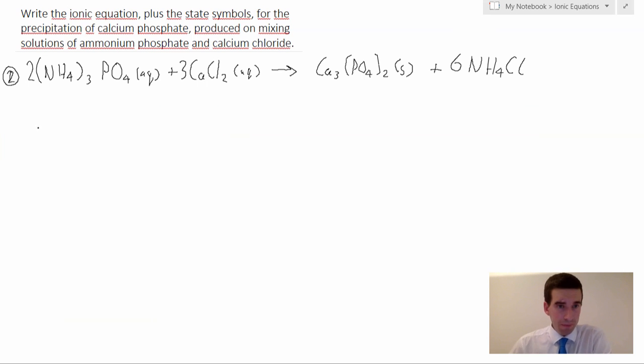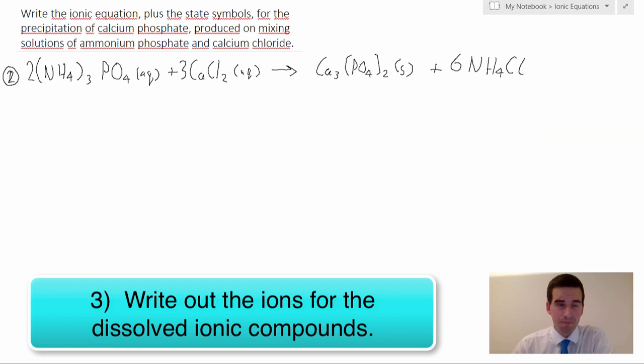Step number 3 is probably the hardest bit, and that is to write the ions separately for each of the dissolved ionic substances. So we start with the ammonium phosphate. 6 ammonium ions plus 2 phosphate ions.